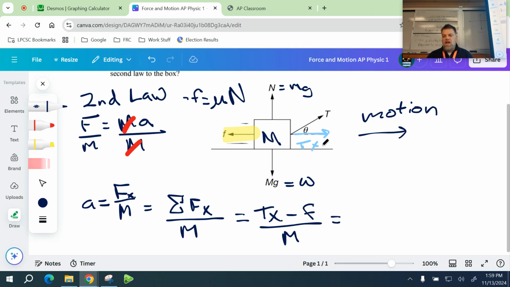Now, how do I find the tension force in the x direction? Well, isn't that just T times cosine of the angle theta? Yeah. So then I'm going to have to... wait, let me think this through.